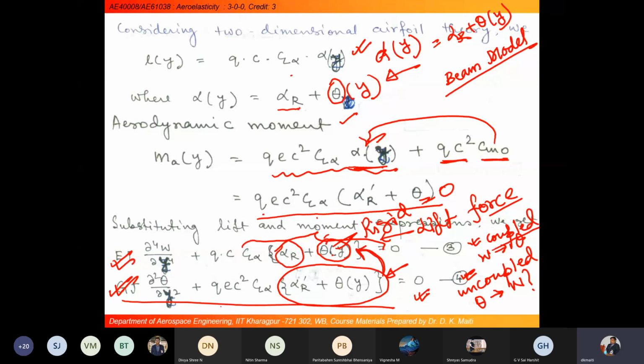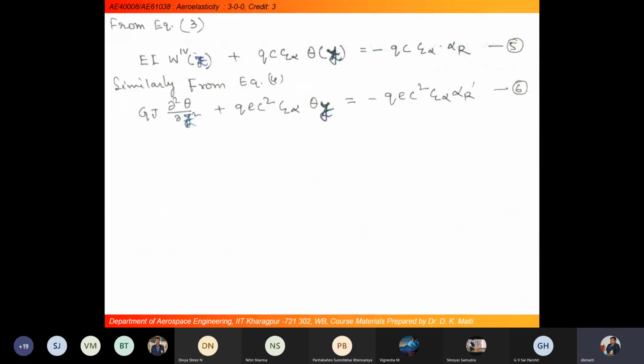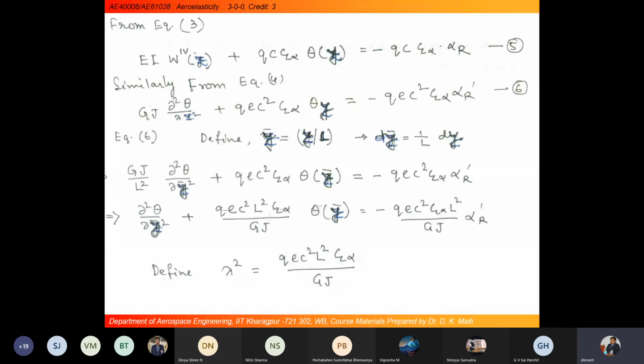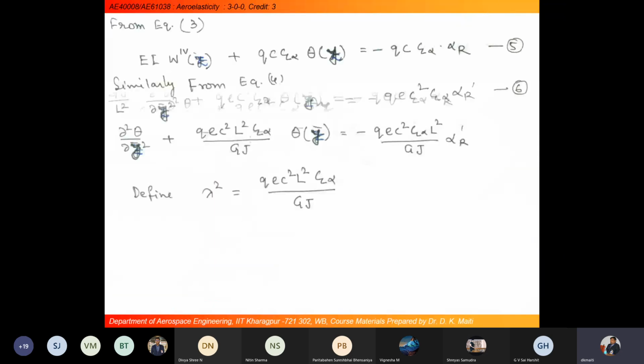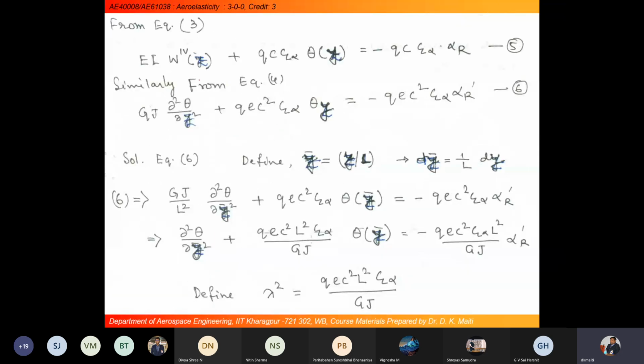If I want to solve these two equations simultaneously, then after simplifying the first equation I will get the fourth order equation EI d4 w by dx to the power 4 plus q c cl alpha theta of y equal to minus q c cl alpha into alpha r, that is the bending equation, and the torsional equation I will get as GJ d2 theta by dy square.